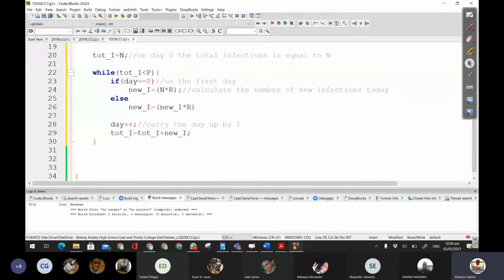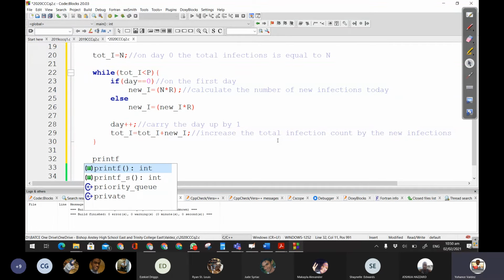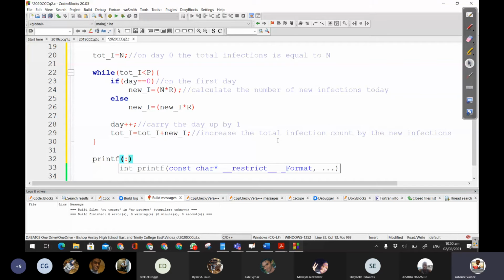So increase the total infection count by the new, right? And once this has happened, then you print out with printf. Once you've passed the threshold, so while the total infections is less than, what did I call that? The target.